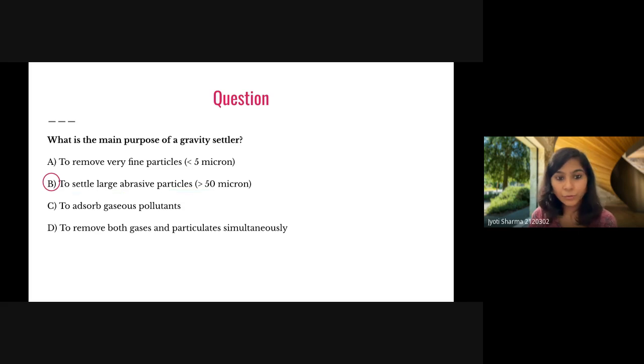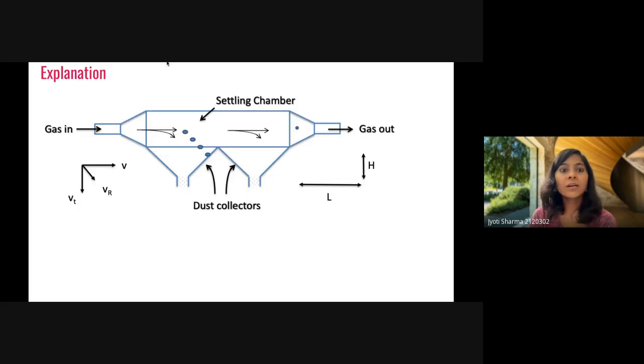Let me show you the gravity settler again. So we are just giving some time. How much time will it take? We will talk about this as well. We are just giving time so that under the influence of gravity, the dust can be collected, and the clean gas will go out. So this is how it will work.